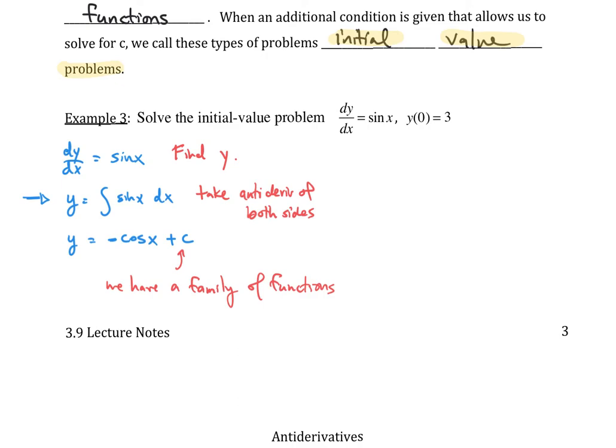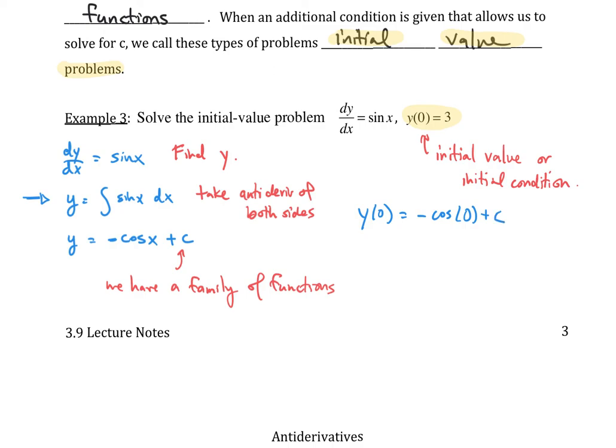However, they give me the fact that y of 0 is equal to 3. This is the initial condition, the initial value. This allows me to solve for c, because I know that y of 0 is equal to negative cosine of 0 plus c.